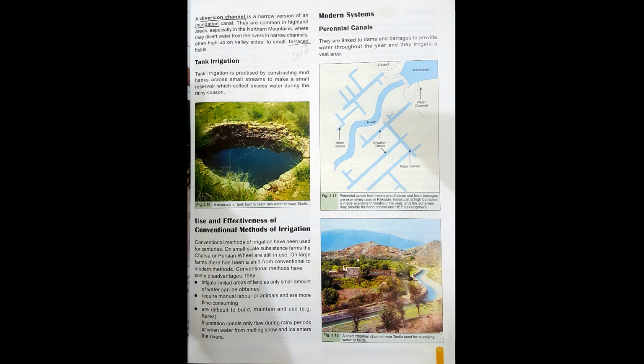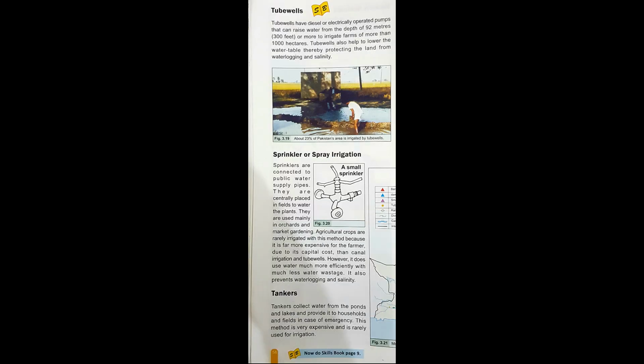They draw water from perennial rivers or from artificial lakes which maintain a high level of water on the upstream side. And these canals are not useful during the dry months. Tube wells also help to lower the water table, thereby protecting the land from waterlogging and salinity.